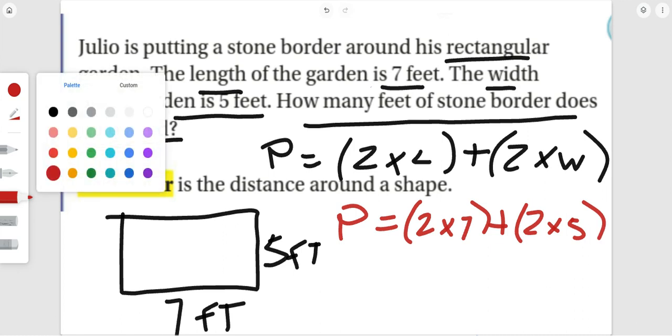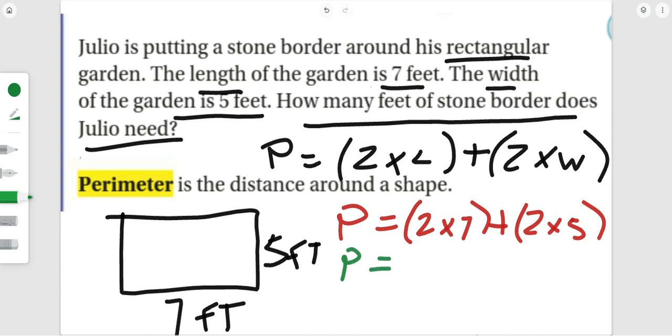So now we can solve what's in our parentheses in our next step. Instead of 2 times 7, I'm going to solve for 2 times 7, and I'm going to write 14. I still need my addition symbol. And in the next step of rewriting my equation, I'm going to write, instead of 2 times 5, write the answer. 2 times 5 is 10.